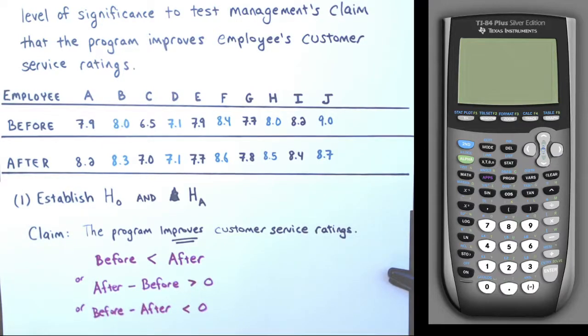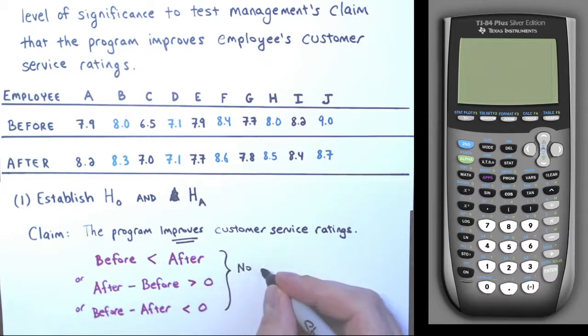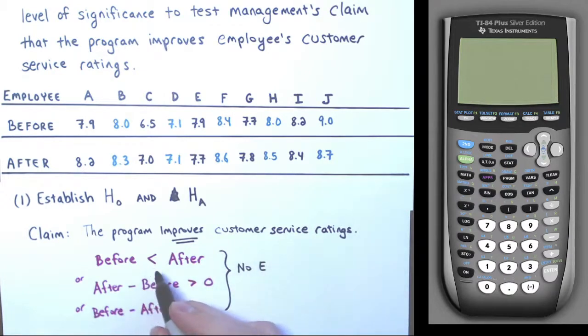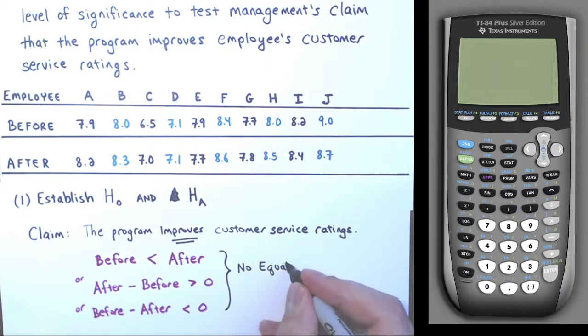Now notice that no matter how you look at it, because they're claiming that the program improves, bumps it up, doesn't keep it the same, there's no equality involved. There's no less than or equal to involved. There's no equality involved in the claim.